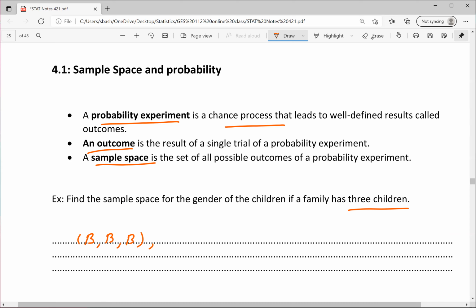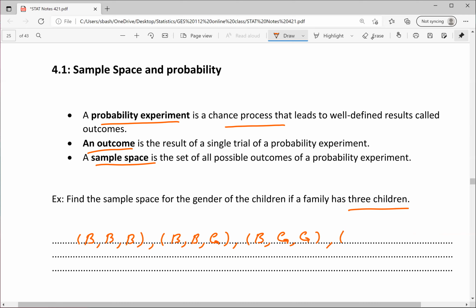Now, the second possible choice is: the first one is a boy, the second one is a boy, the third one is a girl.